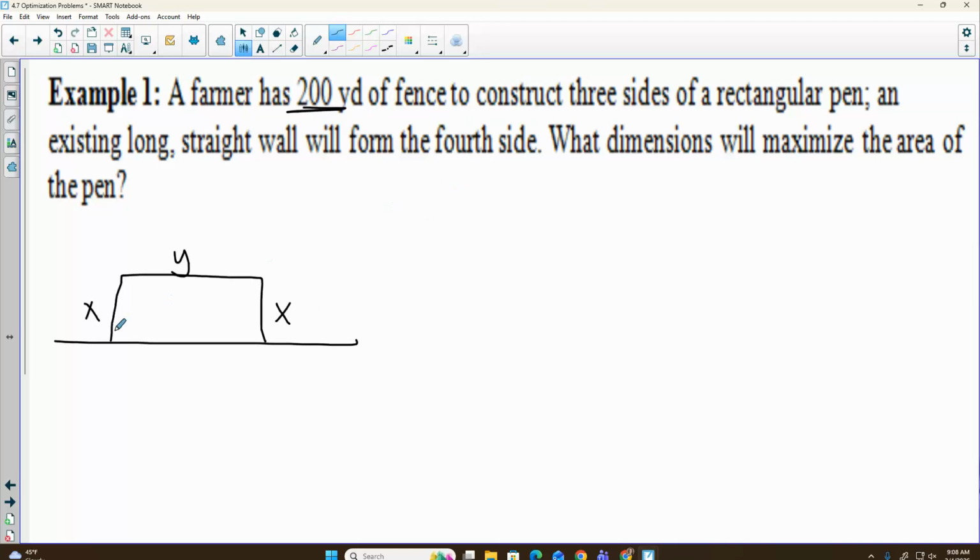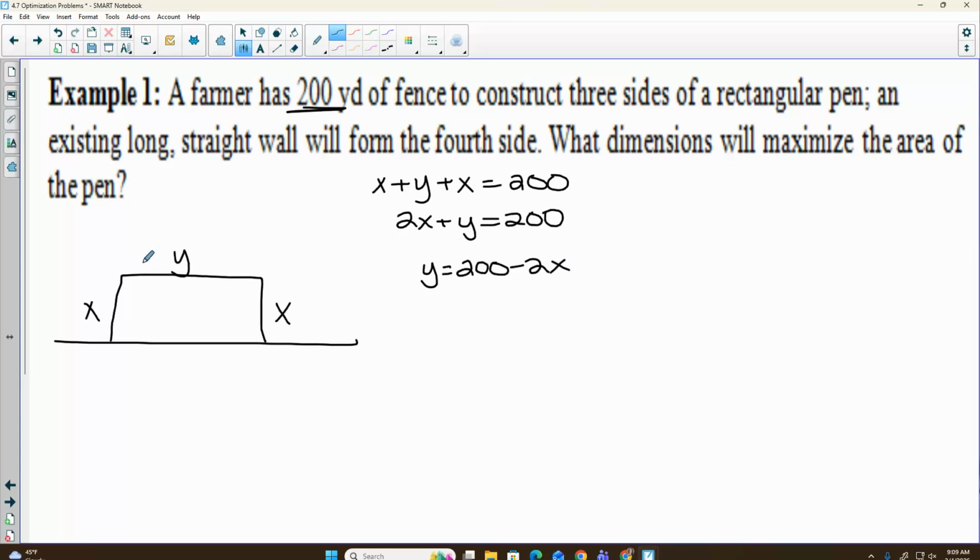So if I add these up, x plus y plus x has to equal 200. So that means my missing side has to be 200 minus 2x.